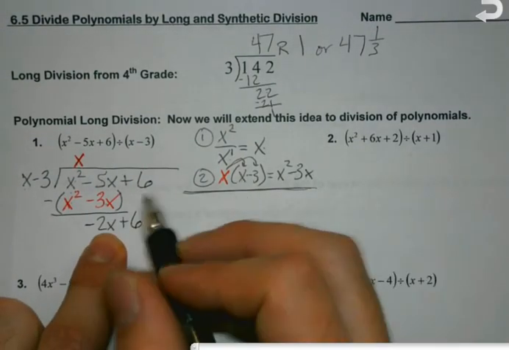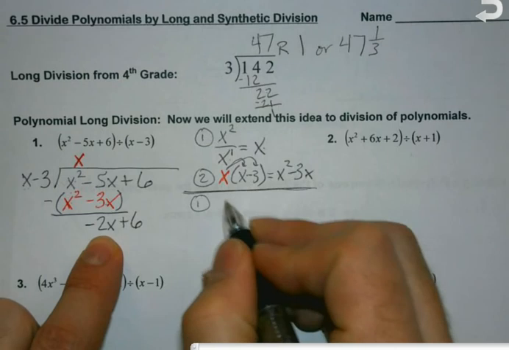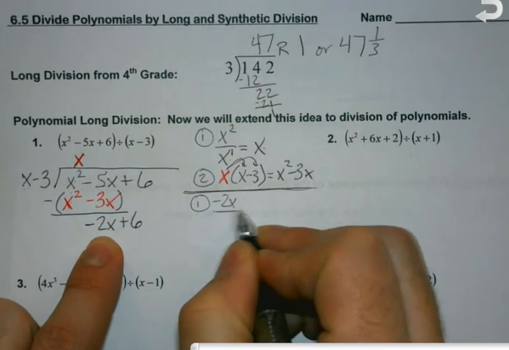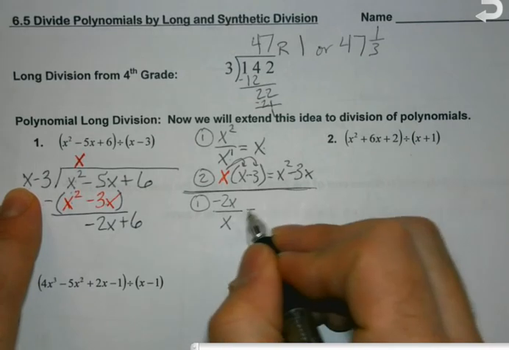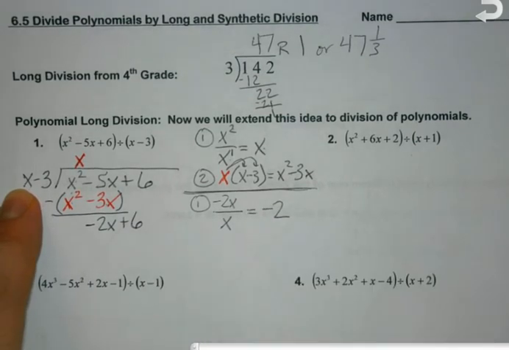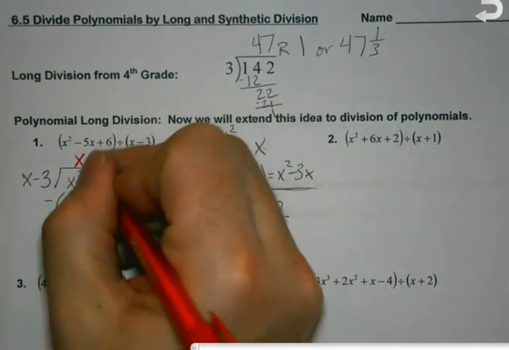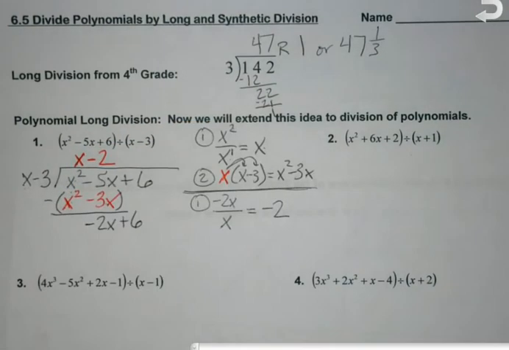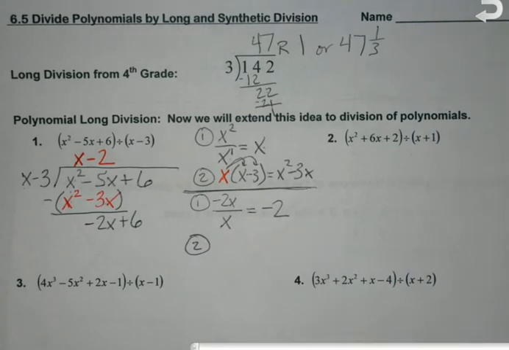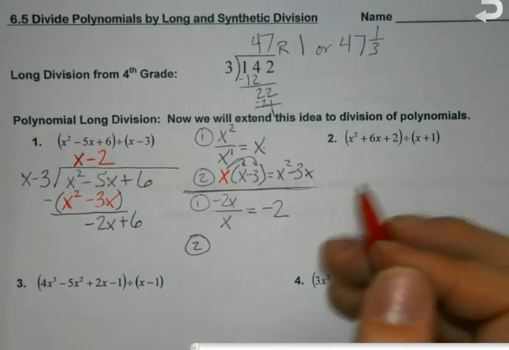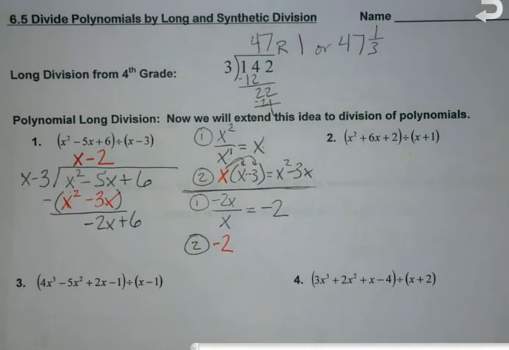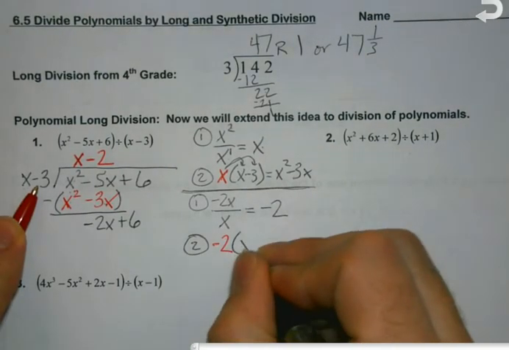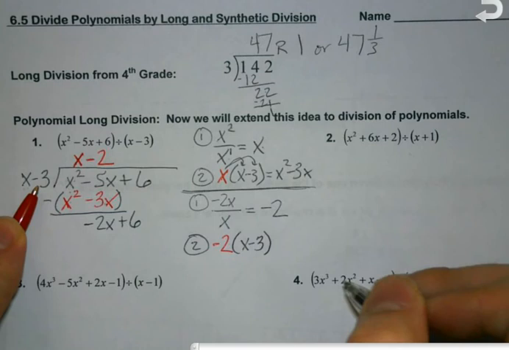So now, this is what I have underneath. I take that term, and I divide it by the first term in the divisor. And whatever I get goes up here. And then just like I did the first time through, I take that negative 2, multiply it by my divisor.